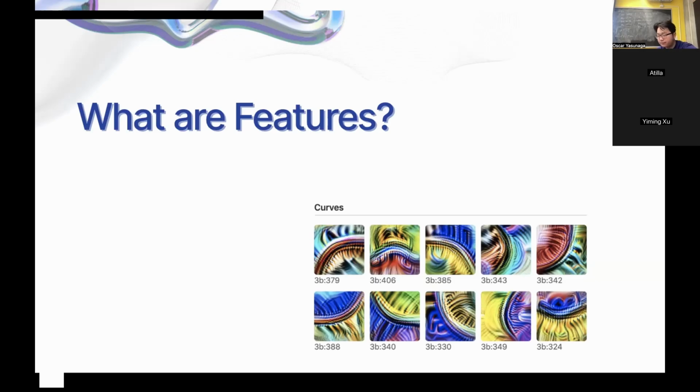For these specific plots, this would be a neuron that maximally activates when you feed in an image. It'll maximally activate when there's a curve existing within the image, right? And again, we can see this throughout different image networks like ResNet or VGG.